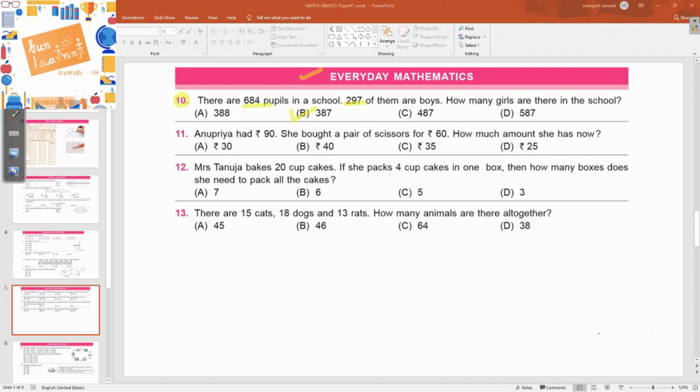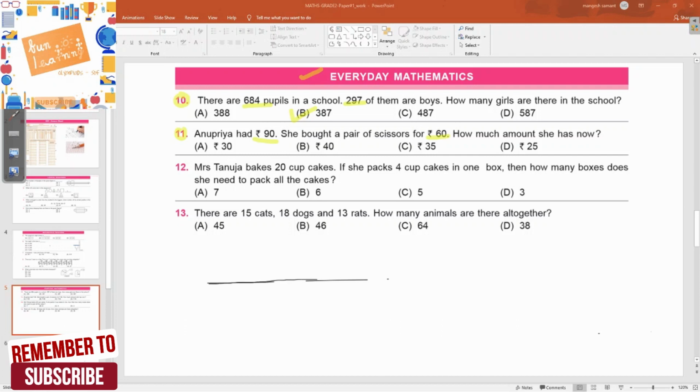So our next question is question number 11. Anupriya had 90 rupees. She bought a pair of scissors for 60 rupees. How much does she have now? So this also is a similar thing. How much did she have, children, in the beginning? Yes, she had 90. Now from this 90, what did she do?